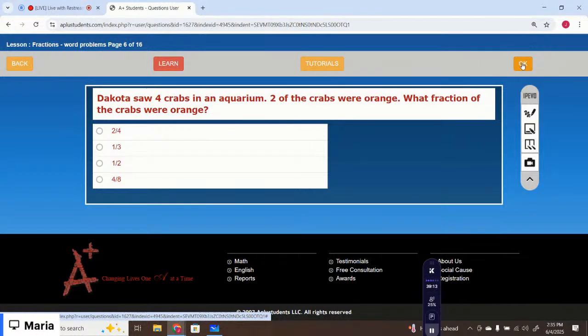Dakota saw four crabs in an aquarium. Two of the crabs were orange. What fraction of the crabs were orange?